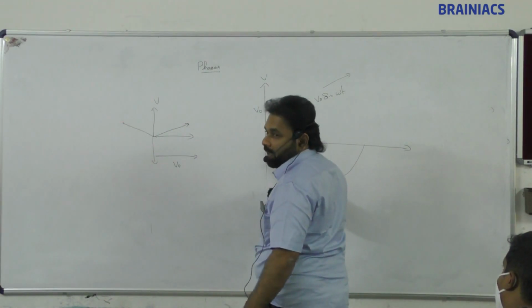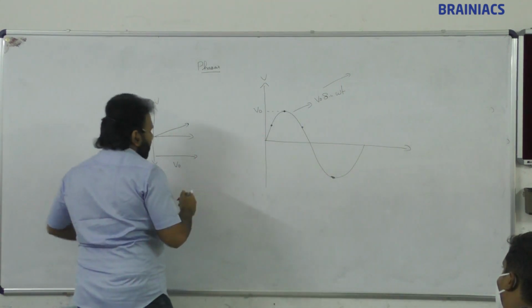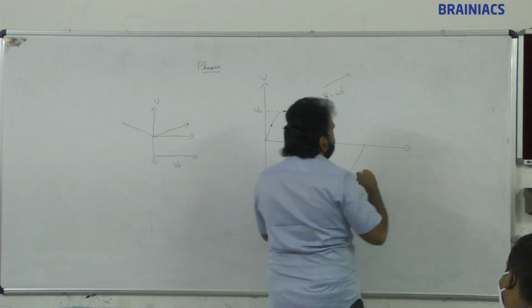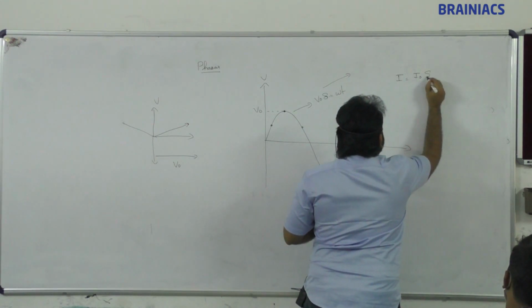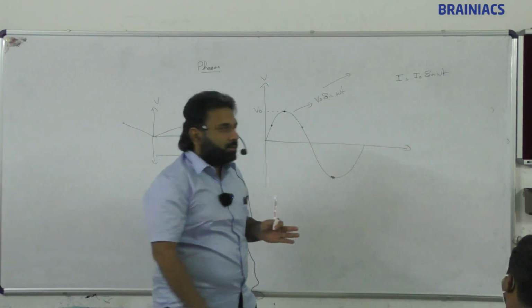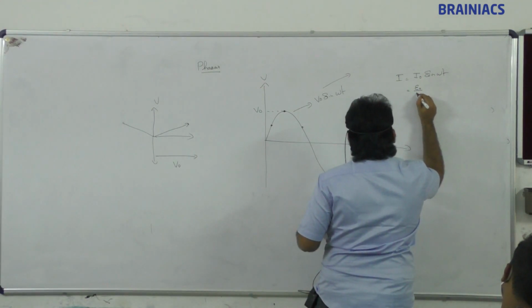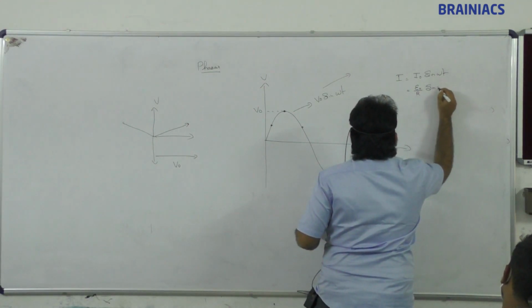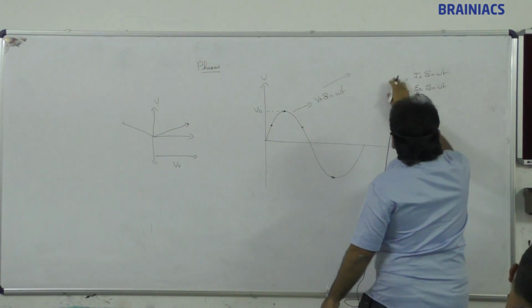Suppose current is there, and current is equal to I naught sine omega t. So can I write I naught is equal to E naught by R, sine omega t? Correct.